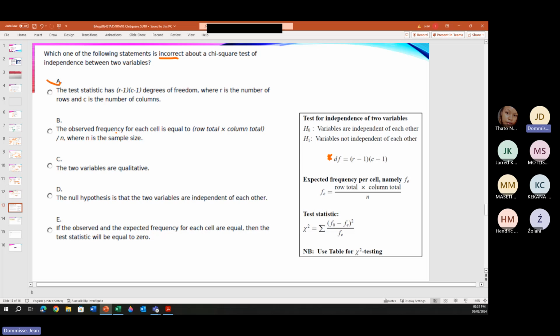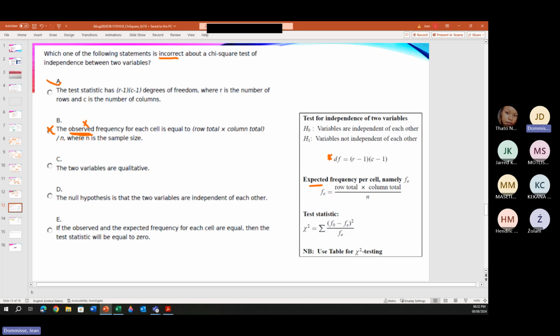The observed frequency for each cell is equal to row total times column total divided by n. Okay, row times column divided by n, but they're using the word observed, so that's wrong. If we were talking about expected, then it would have been right, but they're referencing observed, so that is the word that is wrong.